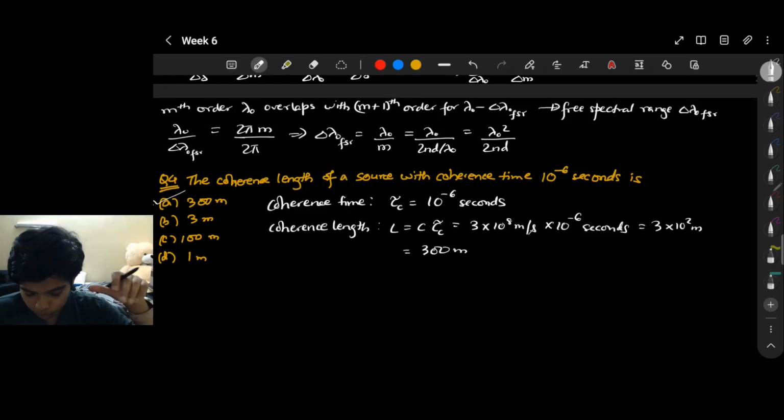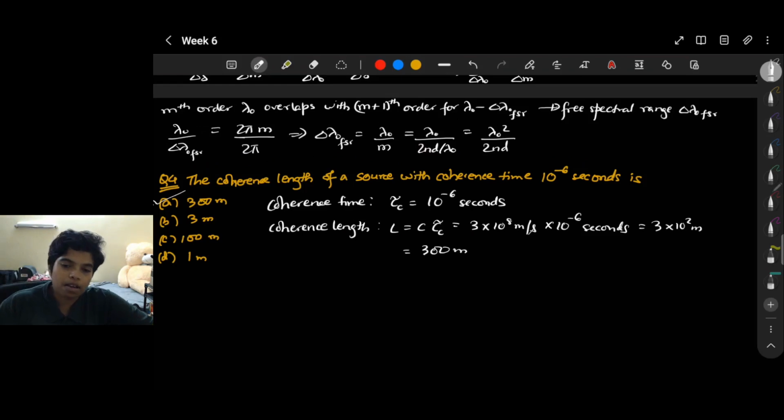So within 300 meters, we would have no issue at all studying any kind of interference effects. We would see perfect interference effects if we were to perform any interference experiment with this particular source.